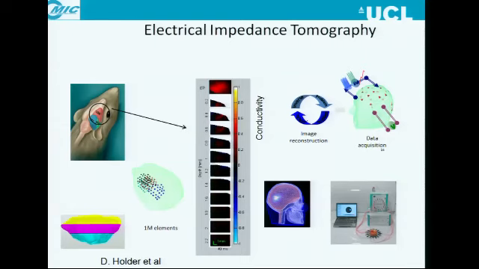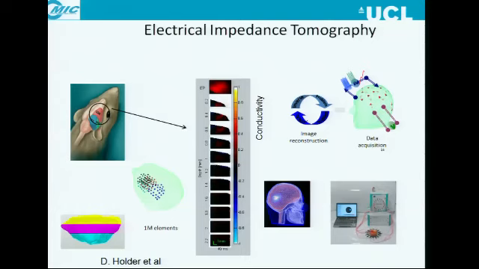Here's a sort of benchtop system where you have a small number of source electrodes and measurement electrodes. The inverse problem consists of finding the coefficients of a second order PDE of the voltage, which depends on the conductivity.